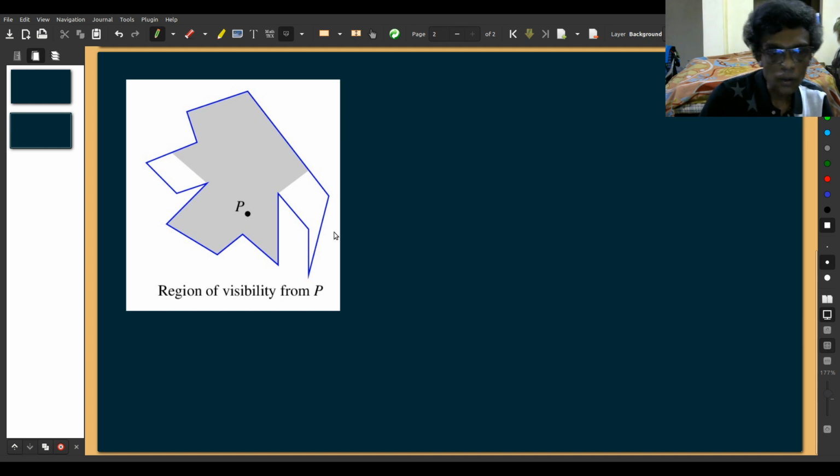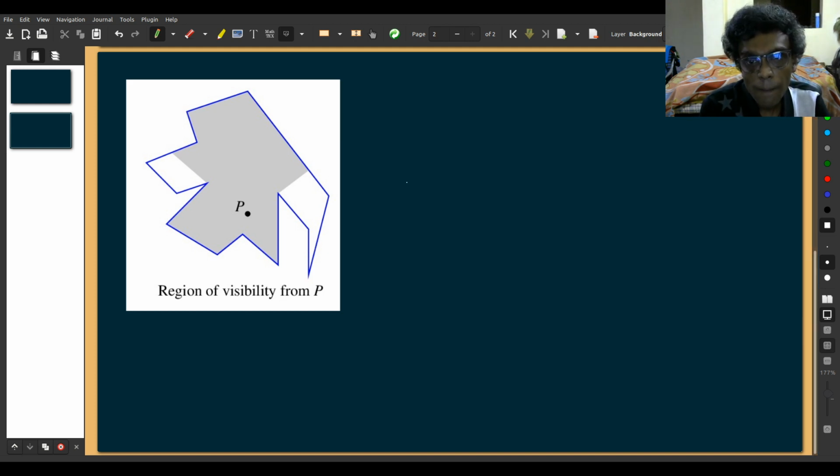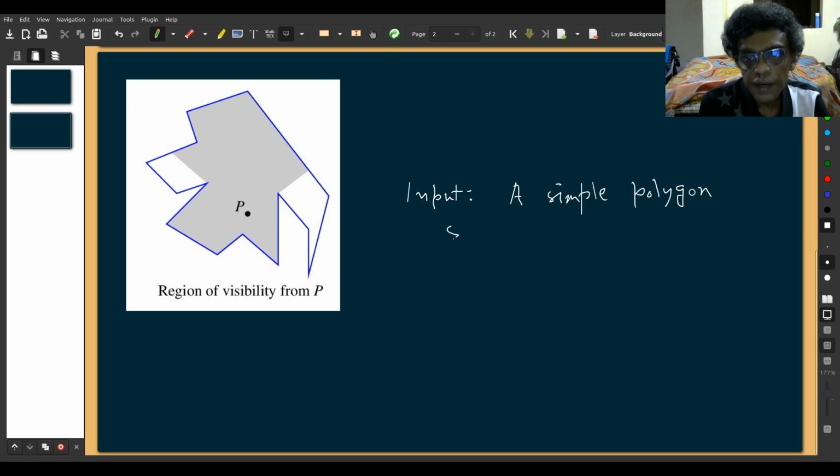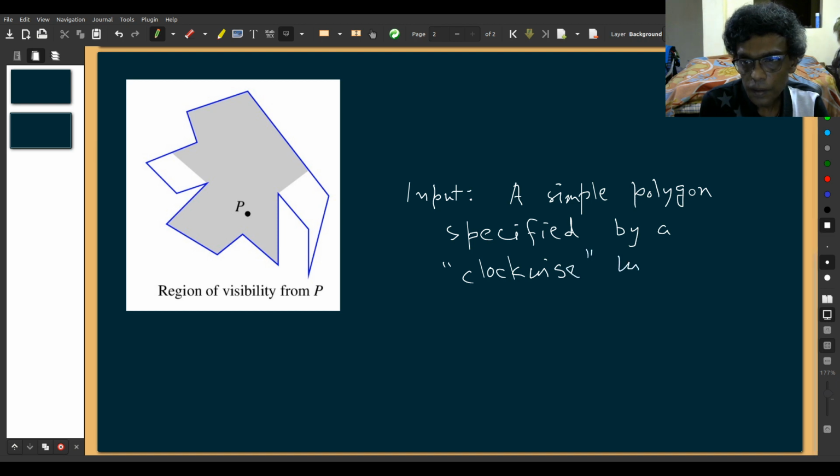Okay, so the input consists of two things: a simple polygon, this blue thing, specified by a, or in brackets, clockwise listing of the corners or vertices.